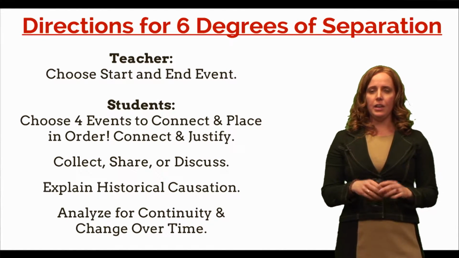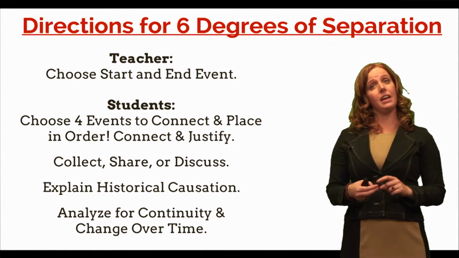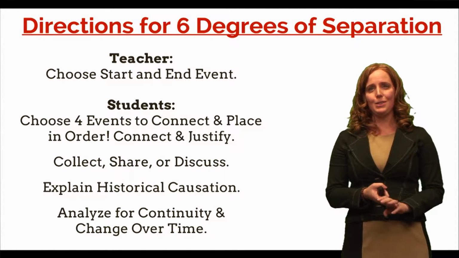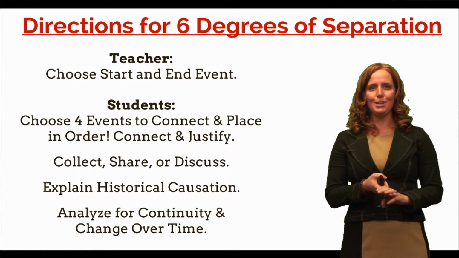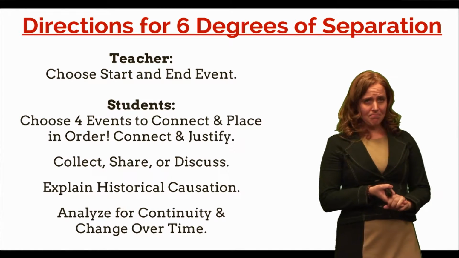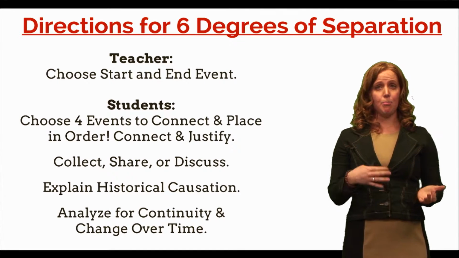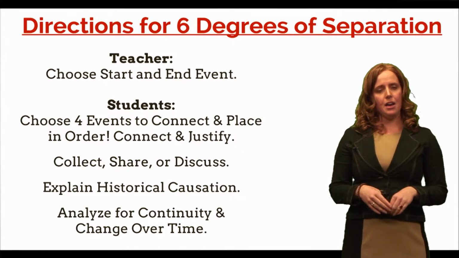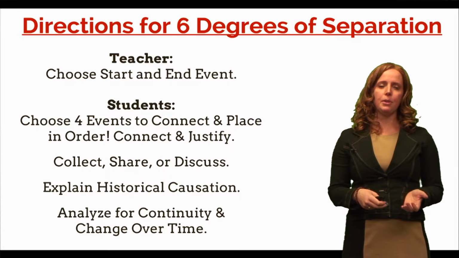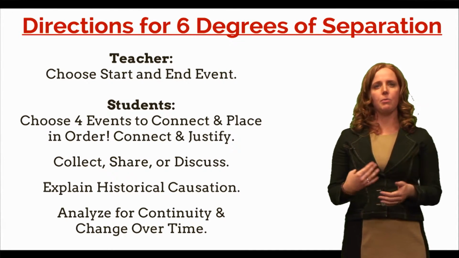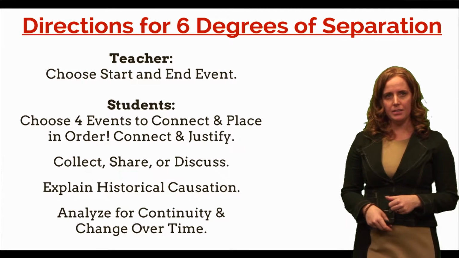They'll have to not only identify those events, but connect them all together and justify the connections, and then you can enrich and deepen it as much as you want. You can have the students collect, share and discuss the information in partners or in full class, and explain that historical causation to the class, and then you can recap or highlight some of those pieces.